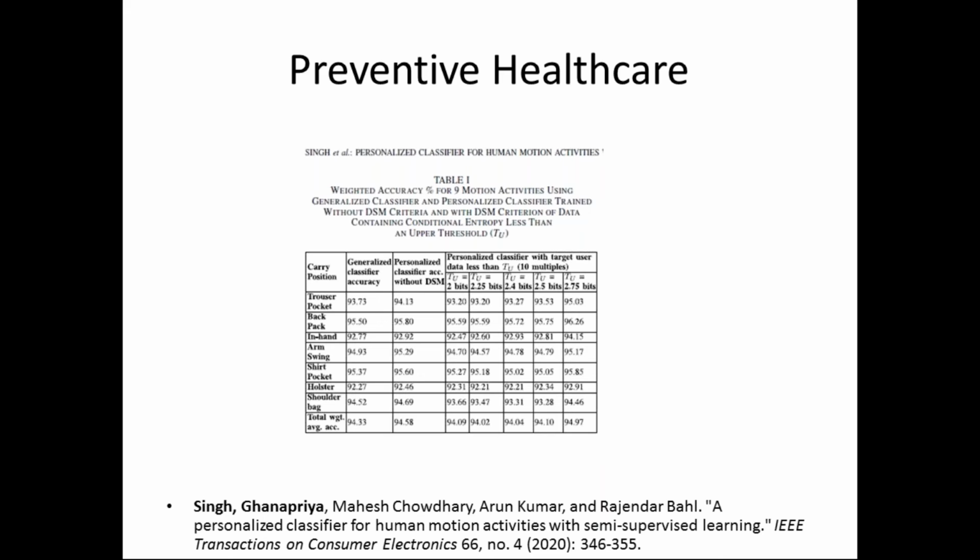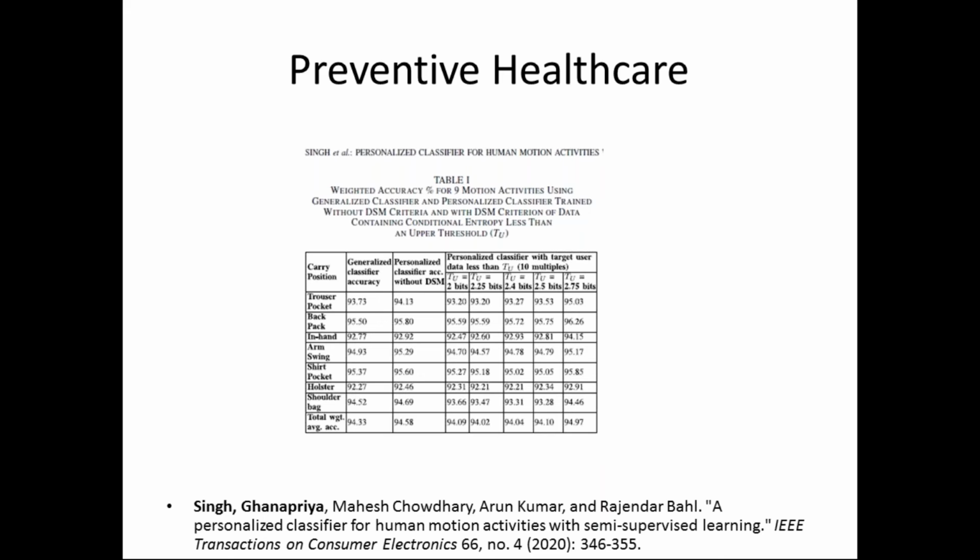But if we are able to extract that data implicitly, without asking, then it shall be very useful. So for preventive healthcare, a personalized classifier can also be designed.